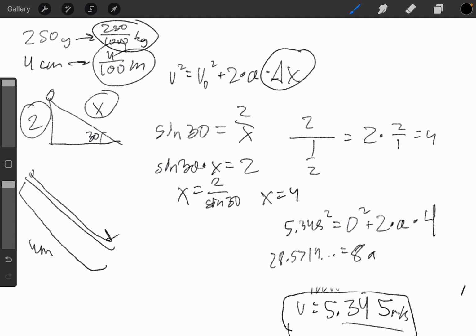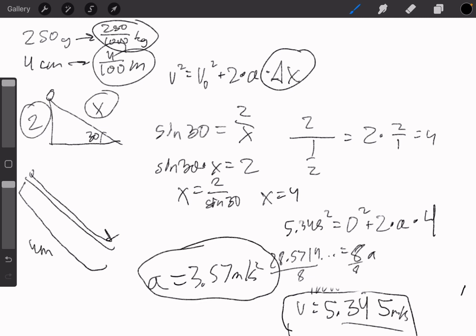We divide by 8, and now we get a is equal to 3.57 meters per second squared. And this is the right answer. There's not another way to argue with that.